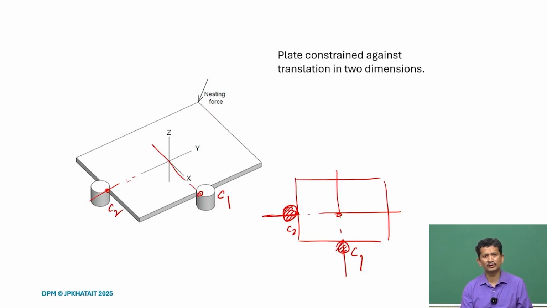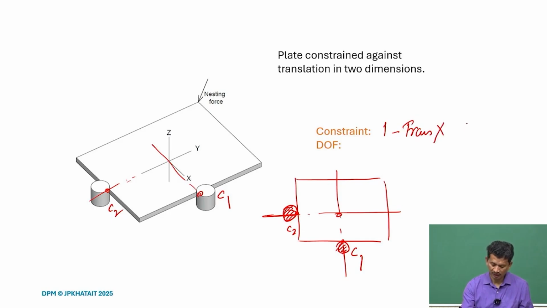So, of course, they will remove that degree of freedom. When we are talking about the degree of freedom and constraint, one contact along x constrains one translation, x, and it also puts a constraint in the y direction.